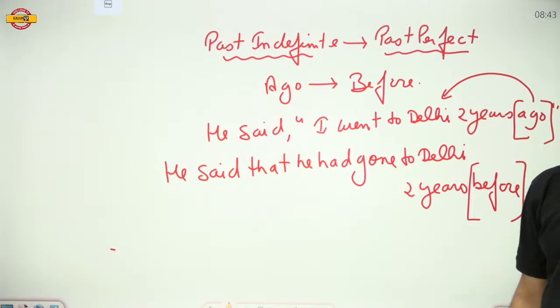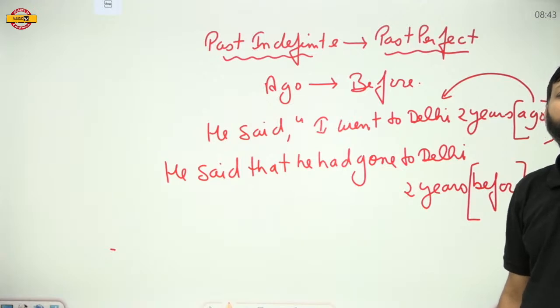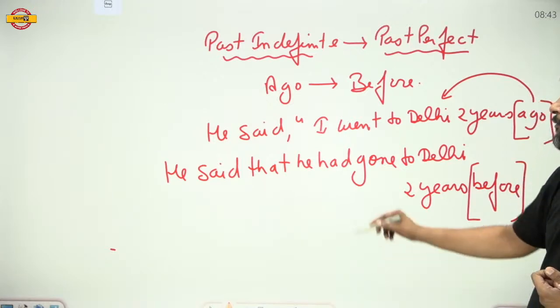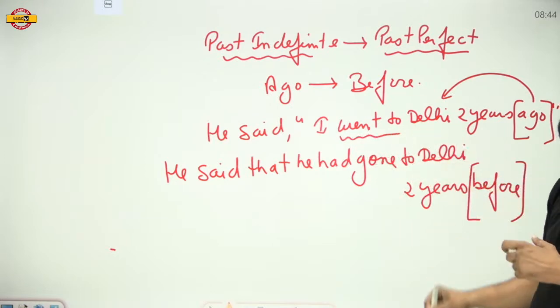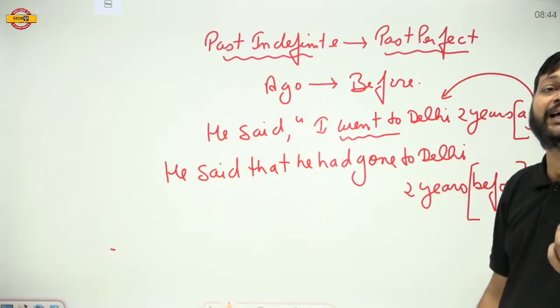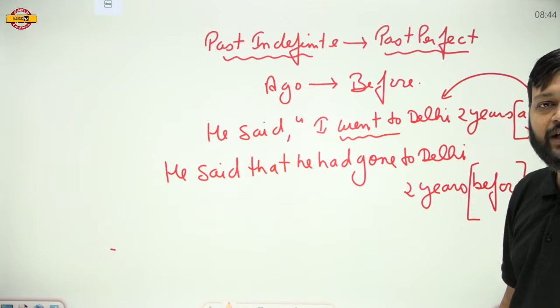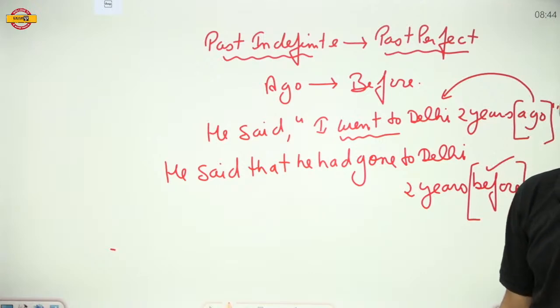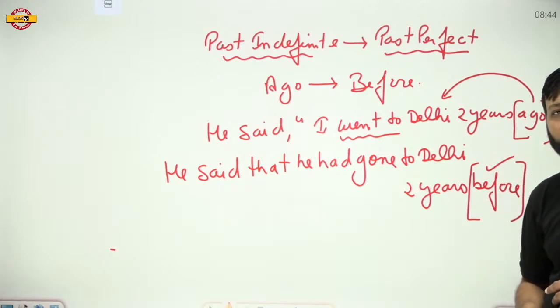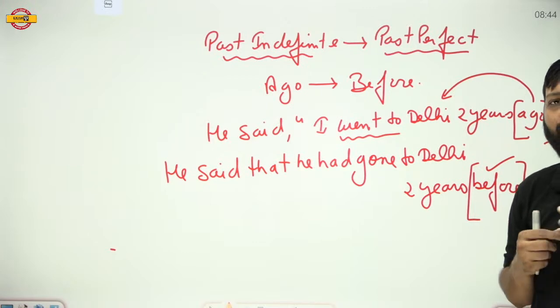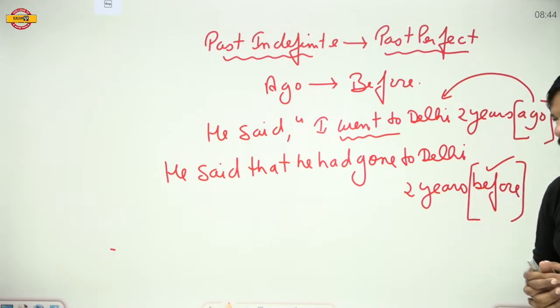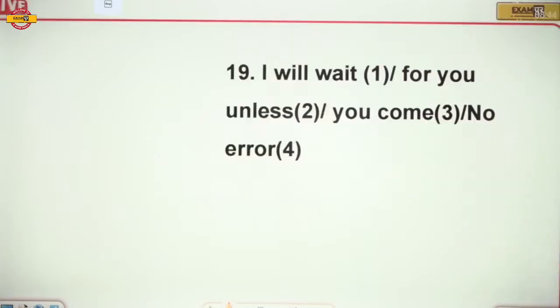With past perfect, ago should be replaced by before. And since past indefinite has to be changed into past perfect while changing it into indirect, ago should also be changed into before. Okay? Now, I hope that you have got the logic. Okay? Now the next one.